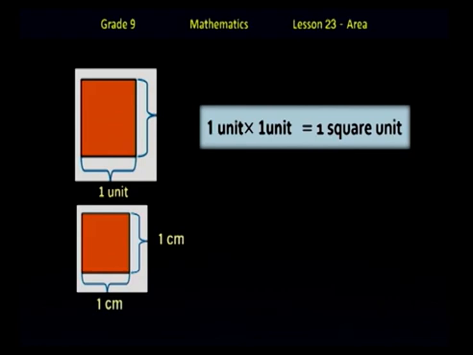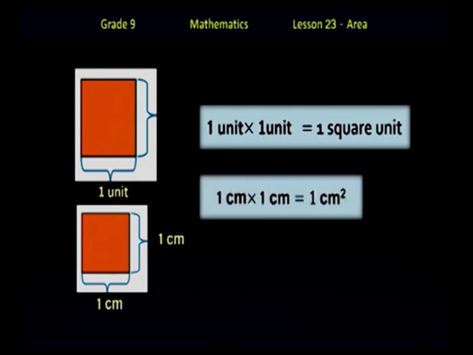If it is a square, then length is multiplied by length, 1 centimeter into 1 centimeter. Then it is called 1 square centimeter. Then it is a unit square.